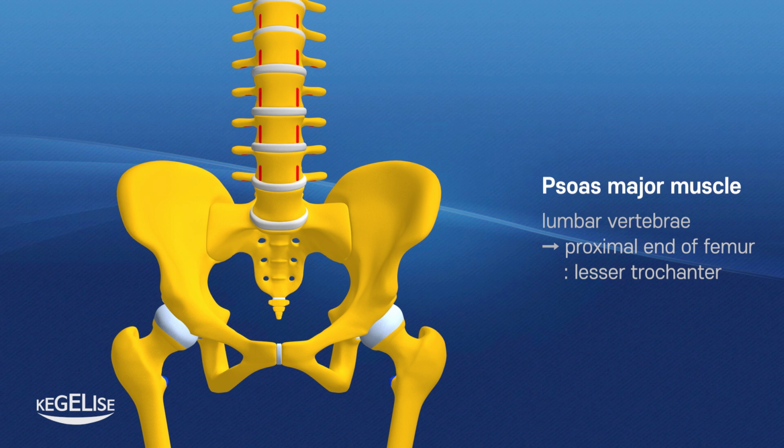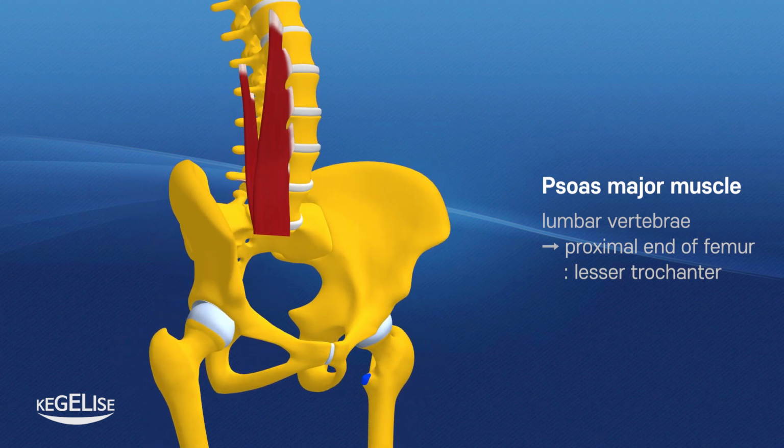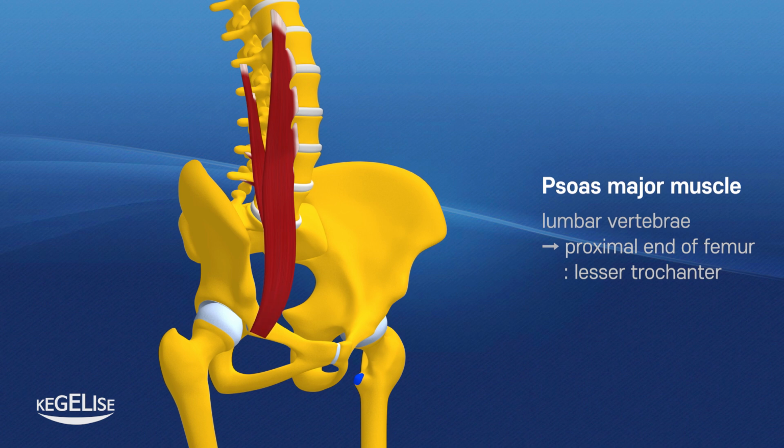The psoas major muscle originates from the lumbar vertebrae and inserts into the proximal end of the femur.